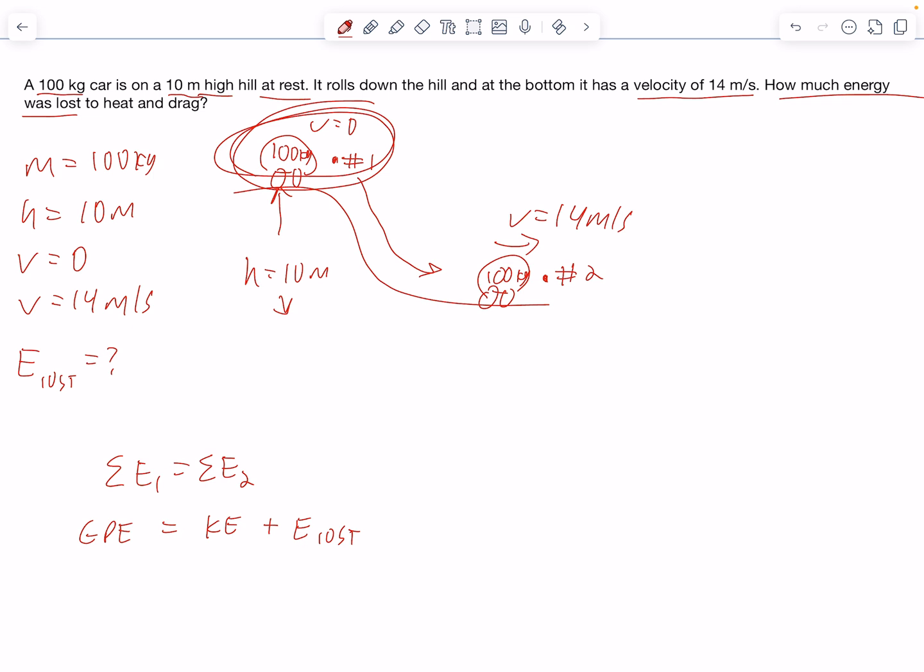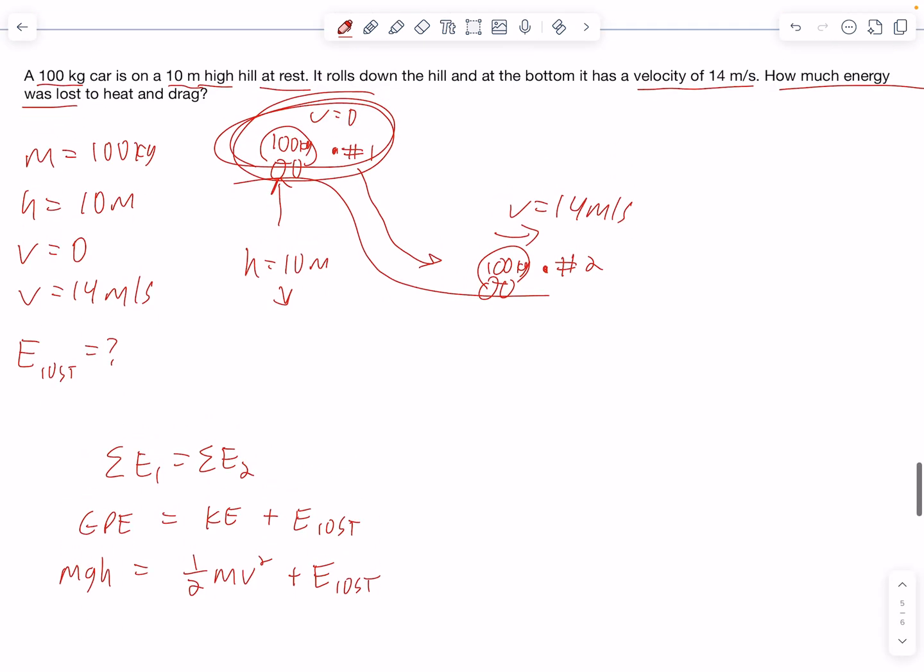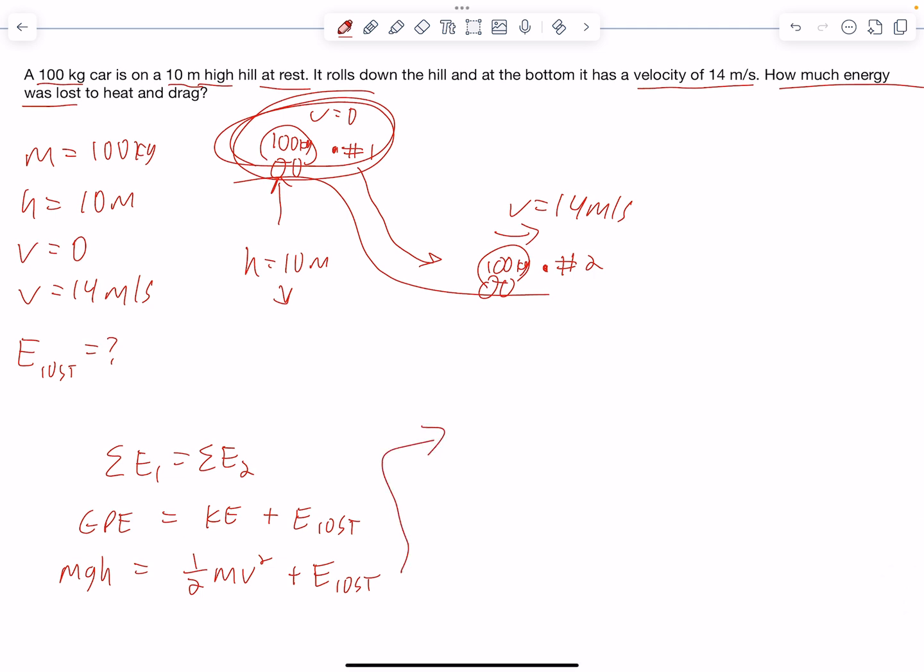So we're losing energy between point 1 and point 2. So that's why I have to include it right there. All right, that's the energy lost between the 2 points. So I would have mgh equals 1/2 mv squared plus energy lost.